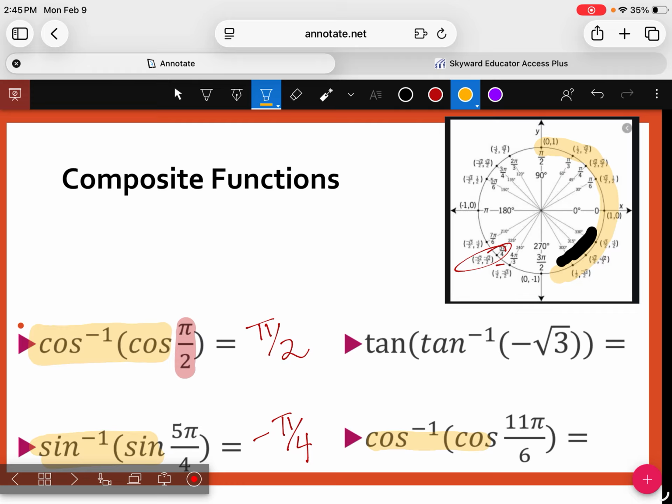But remember, when we're talking about an inverse cosine, we're only looking in the top half. So this is where I'm looking for inverse cosine. 11 pi over 6, that's over here, okay?